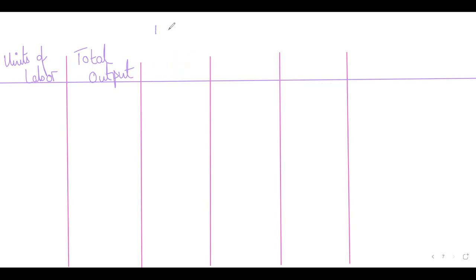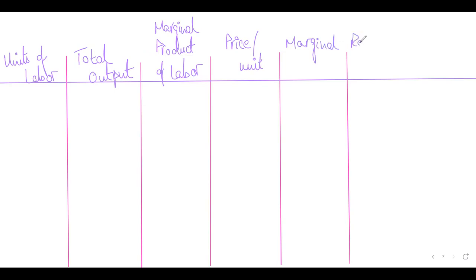Then you'll see in a bit why price per unit is important. And then you have marginal revenue product of labor. This might be a new word for you, but I'll explain it when we come to this part.